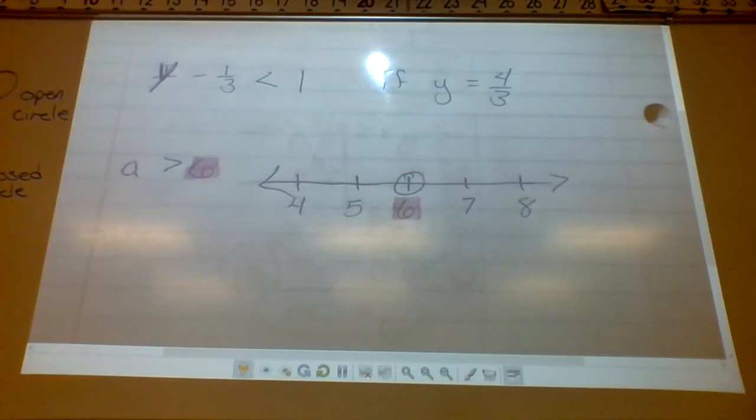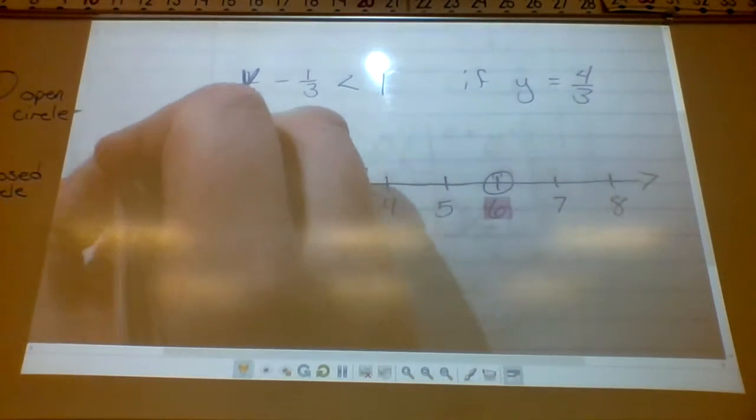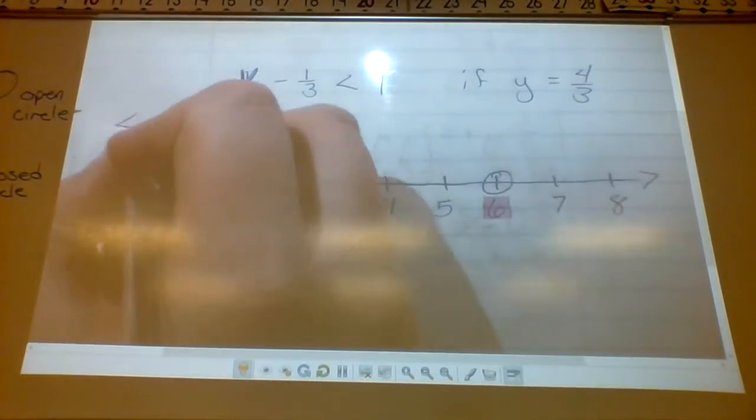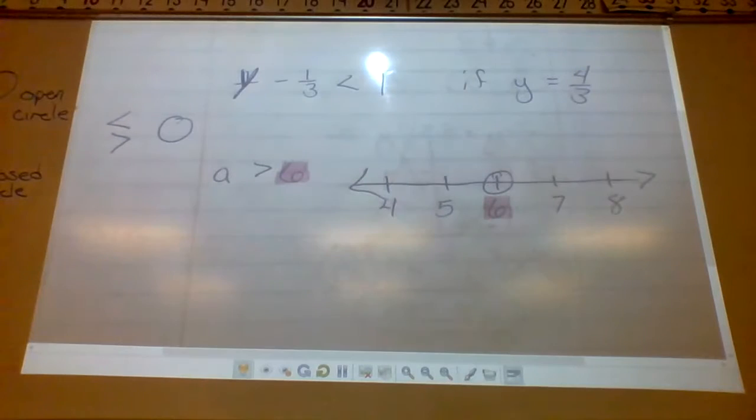Now this is what I mean by what's on the board. If it is a less than or a greater than symbol, you are going to use an open circle because that number is not included.